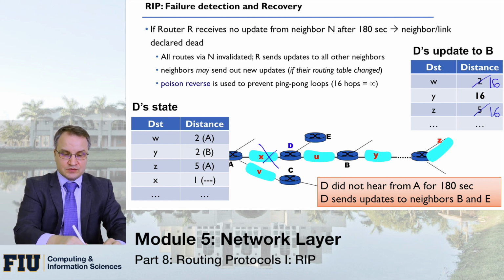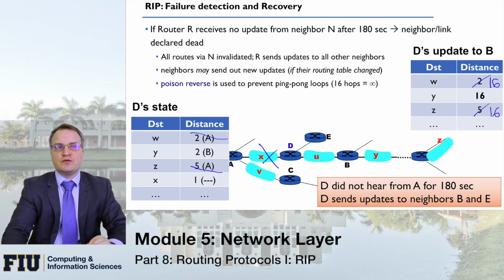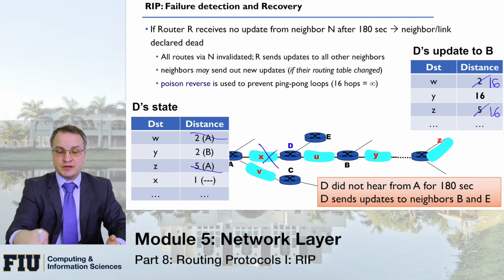Basically, this is some form of notion of a lost route towards that destination. And again, this will happen after 180 seconds, after not receiving at least 6 hello updates from A. And if A at some point later actually sends out a message, then all the routes will reappear and be re-advertised by D.